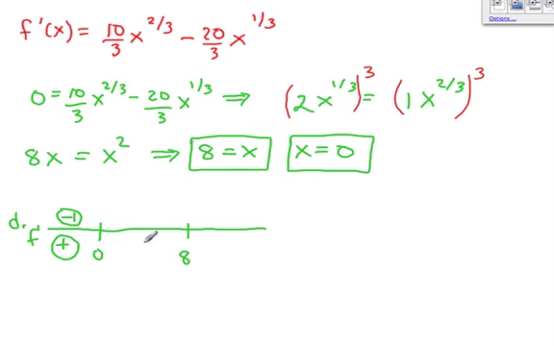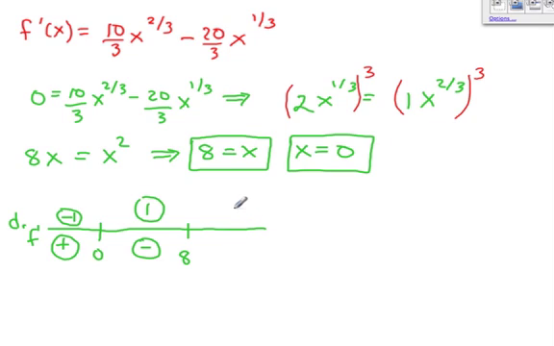Now let's plug in 1. Plug in 1, this part's positive, so that's 1 and 1. And 10/3 minus 20/3 is minus 10/3. So it's going down.